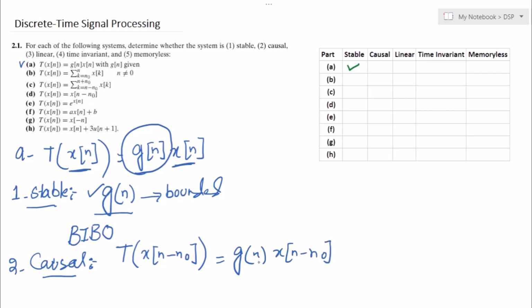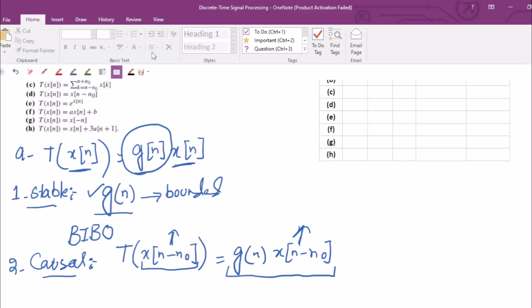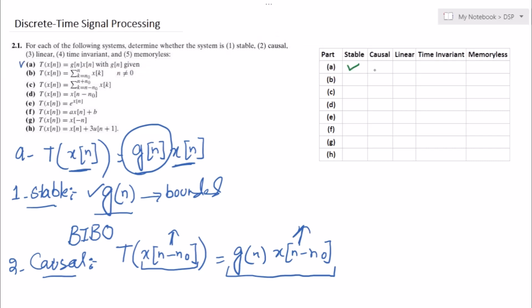Okay, so whatever the input will be, the output will depend upon it. You can see that this is the input to this system, and the output is in this form, which means that it is only dependent upon the values of the input given. Therefore the system is also causal. Okay, this is the second condition.